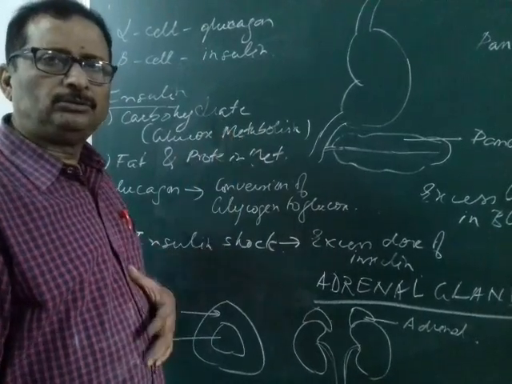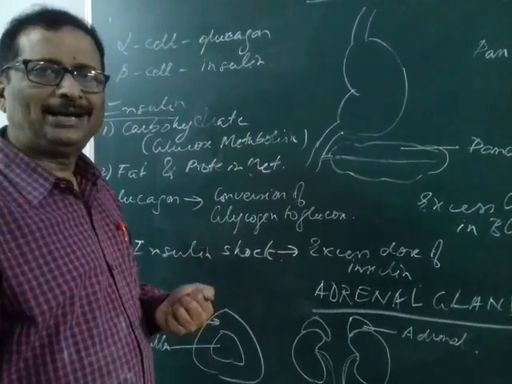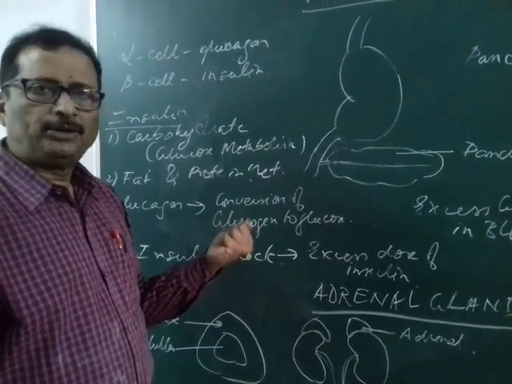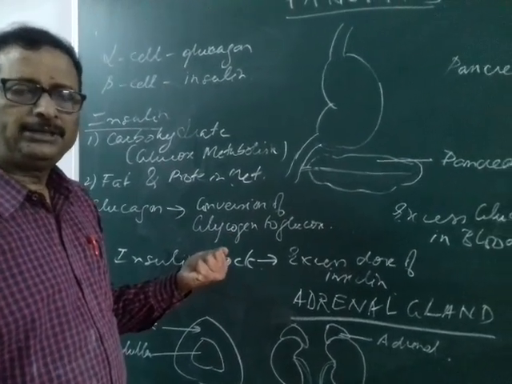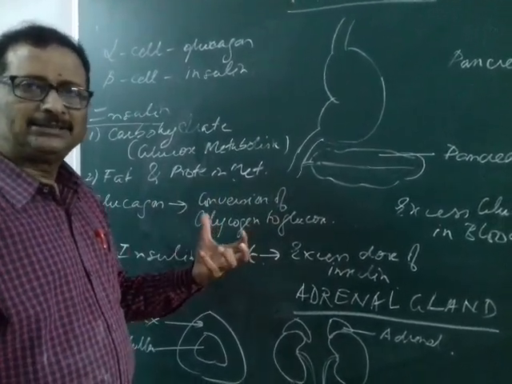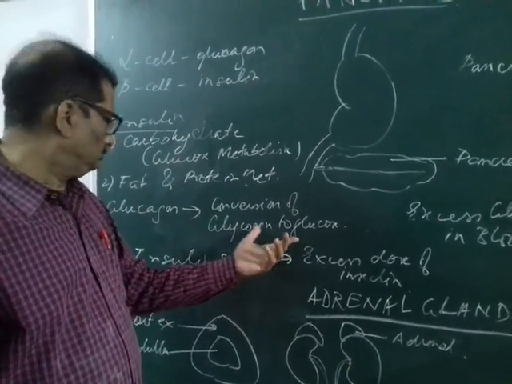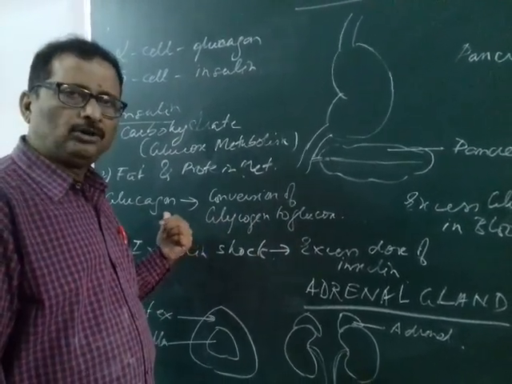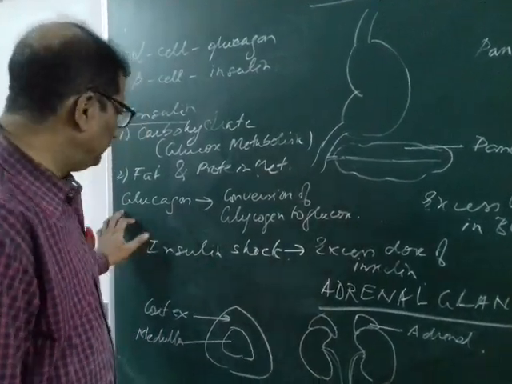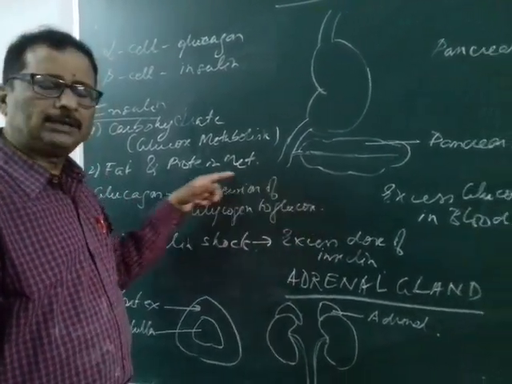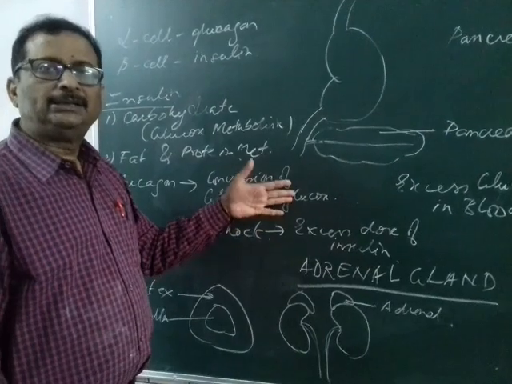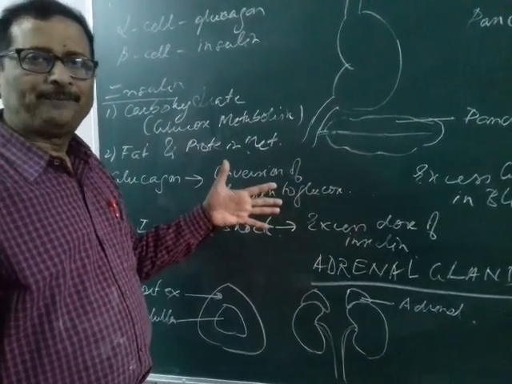Now, glycogen to glucose conversion is required when you are fasting, when the body does not have sufficient glucose, or you are doing heavy exercise or running. At that time, glycogen is converted to glucose. So this is done by the hormone glucagon. And even if glucagon is secreted too much, then the person can be hypoglycemic.